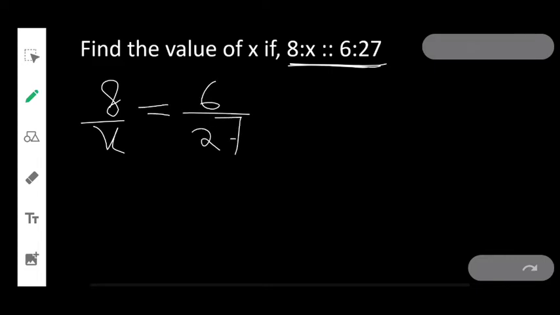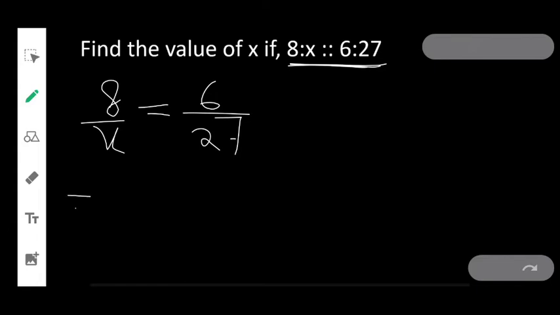Next question: find the value of x if 8 is to x equals 6 is to 27. We have to find x, that means the second term. So 8 by x equals 6 by 27.